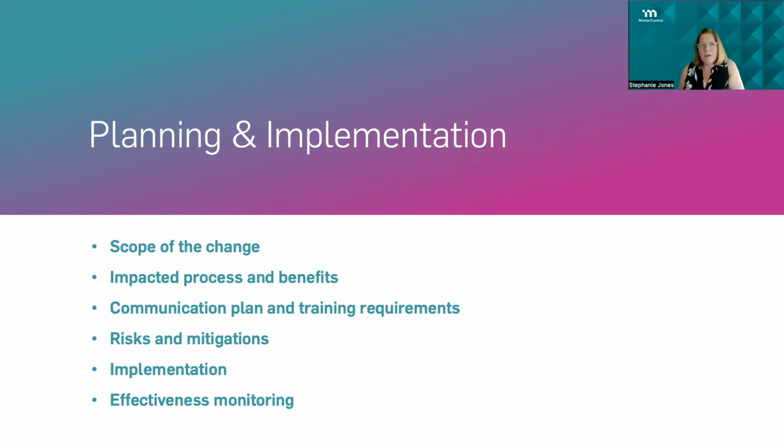When you're thinking about this and planning, so you've gotten past the regulations, maybe you've got a good outline for what you think your change management process should be in terms of a best practice. You want to ensure that in the planning stage, your scope, what is the scope of the change?